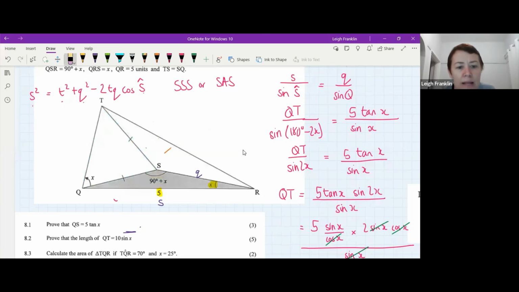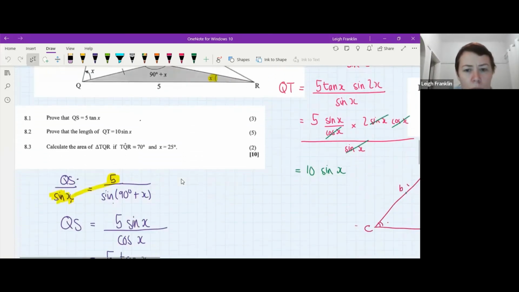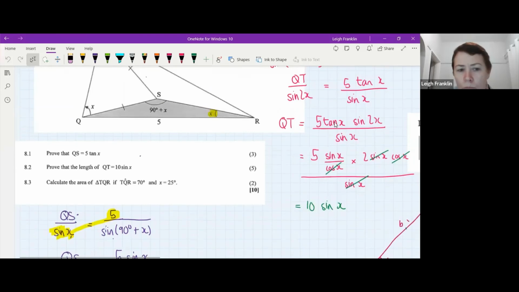Can you see that? I can see your hands up. What do you want to ask? Ma'am, I want to ask for question 8.2, would we get the same answer if we had to use the cos rule? Can you see you broke up a little bit there?